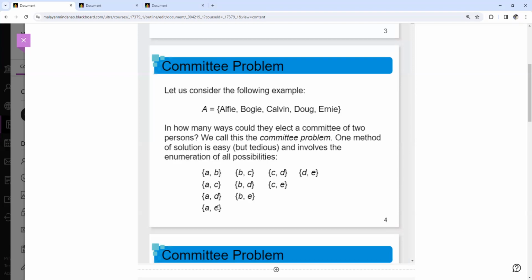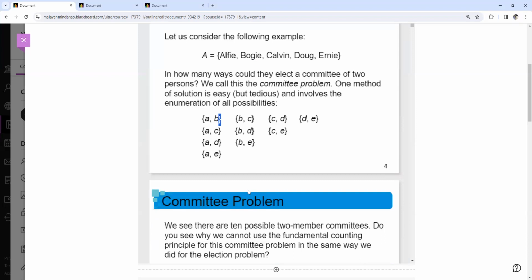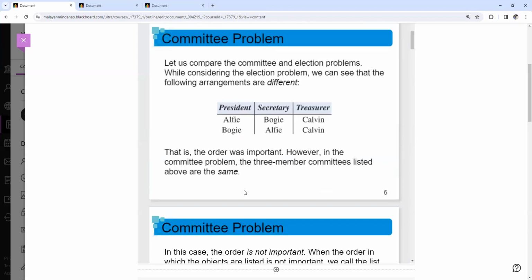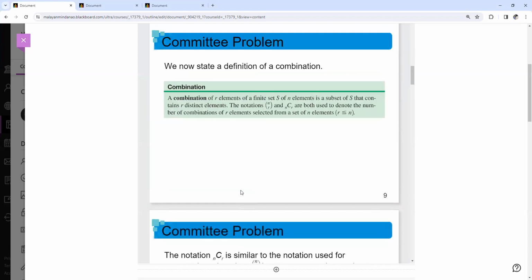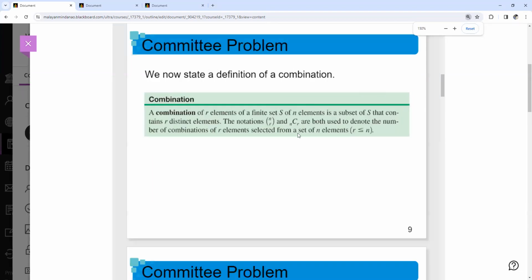Because the order does not matter, curly braces are used instead of parentheses. That's for notation. And I just want to go over the symbols used for combination. The symbols are nCr, C(n,r), similar to the nPr symbolism used for permutation.